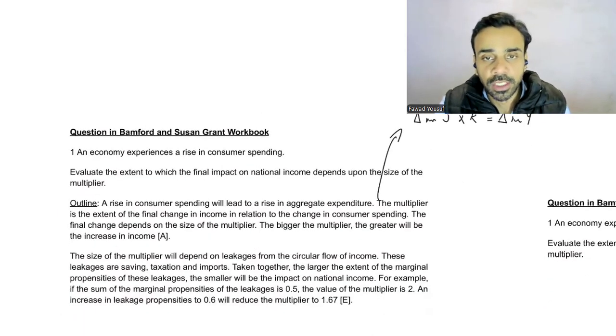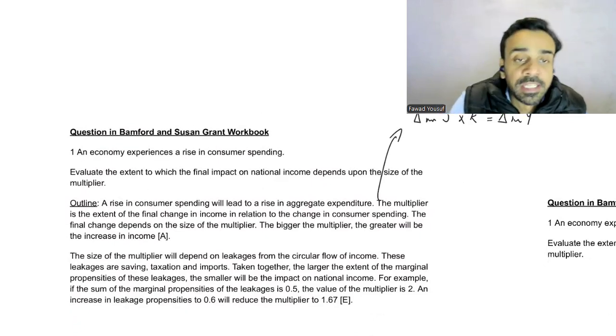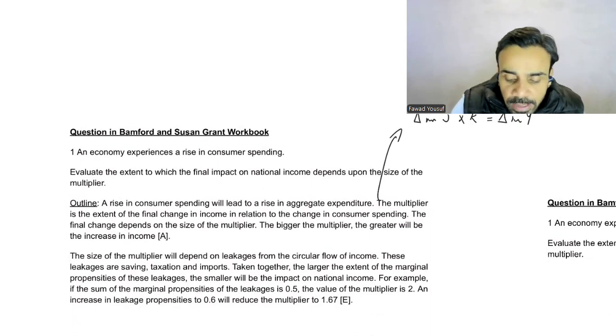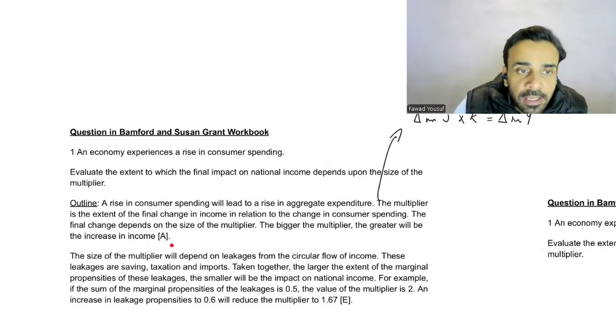That's what the connection here is. So if MPC is rising, then the multiplier will get bigger, and there will be a greater increase in the national income.